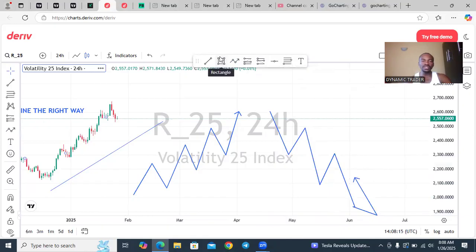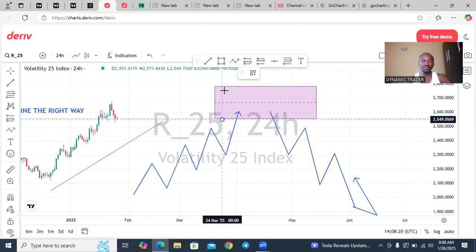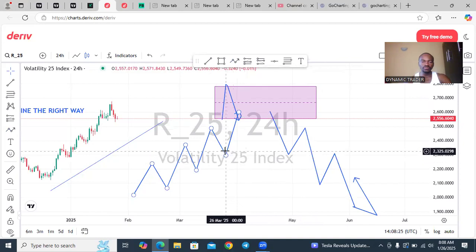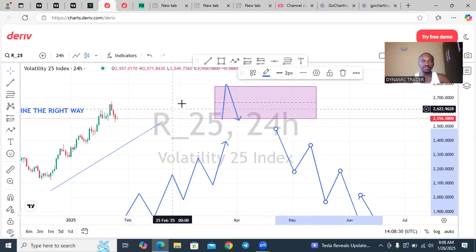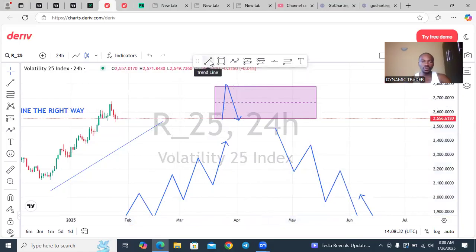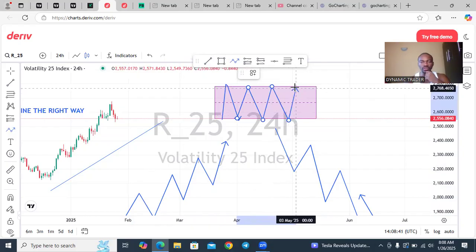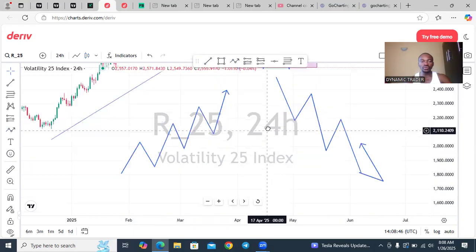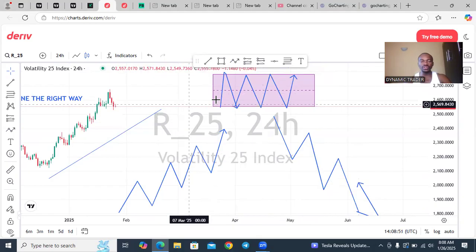Then when the market is moving inside a box, it is seen as making support and resistance, resistance, supports. So this market is clearly ranging or consolidating. These are the three types of trends: the bullish trend, the bearish trend, and the consolidating trend.